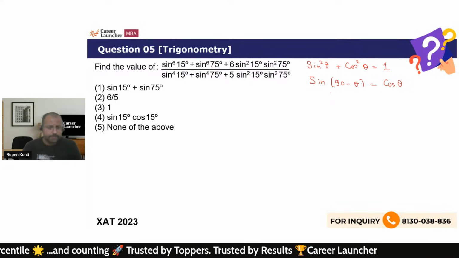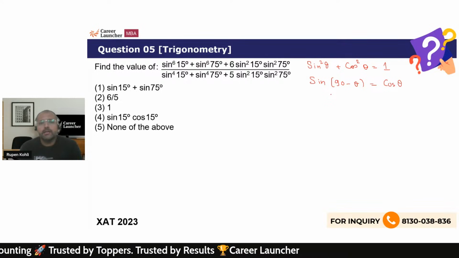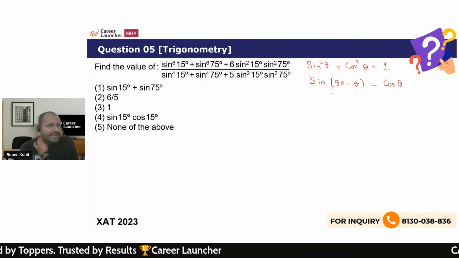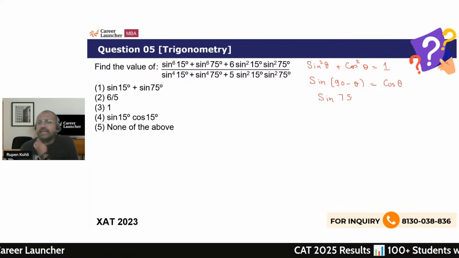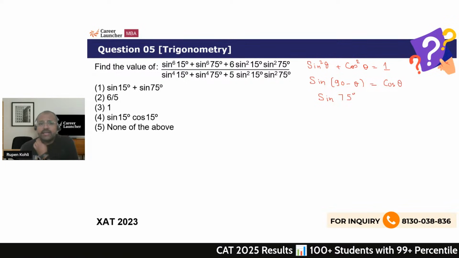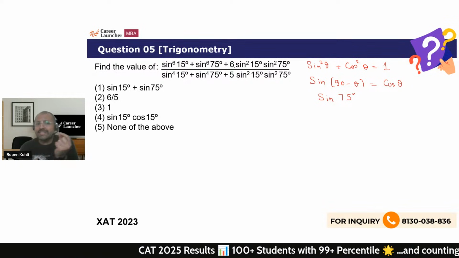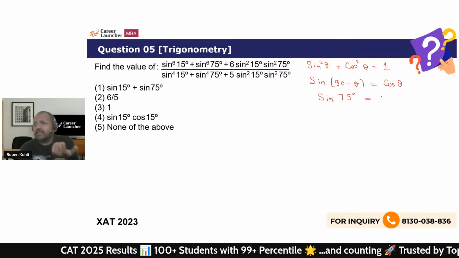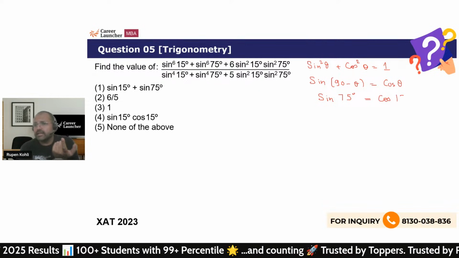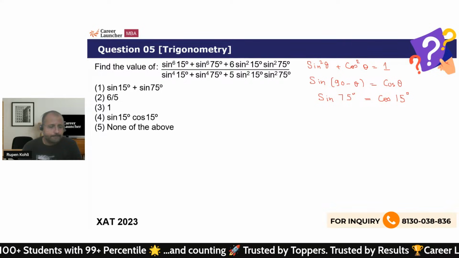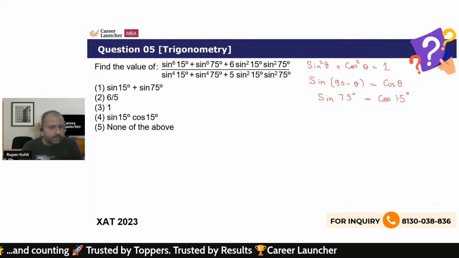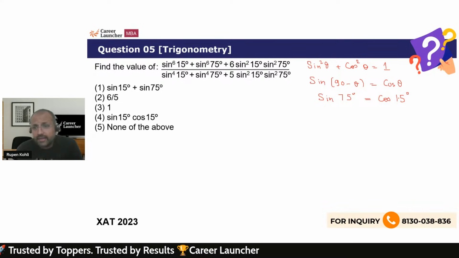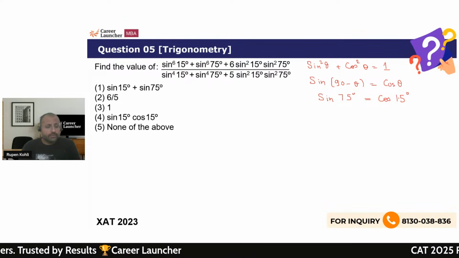So your sine of 75 degree, you can see 15 degree, 75 degree everywhere, can be written as cos of 15 degree from this relationship. Your sine of 75 can be written as cos of 15.